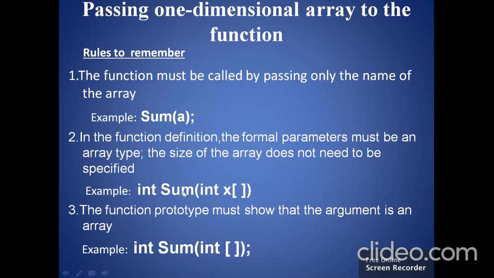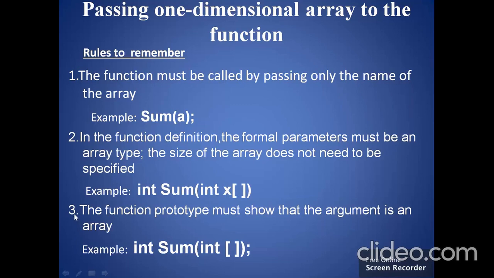The sum represents the function name. Then inside the bracket, we have a formal parameter, int x with an empty square bracket. This empty square bracket informs the compiler that the formal parameter x is an array of numbers. We put this empty square bracket here so that this function can be used for arrays of any size.